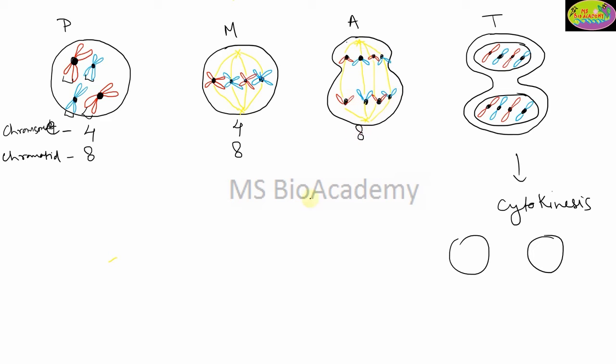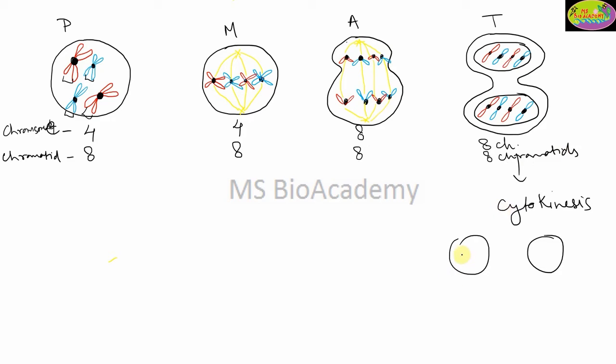So 8 chromosomes. And what about the chromatids? 1 to 8, so 8 sister chromatids, 8 chromosomes. In telophase also it is the same, 8 chromosomes and 8 chromatids.